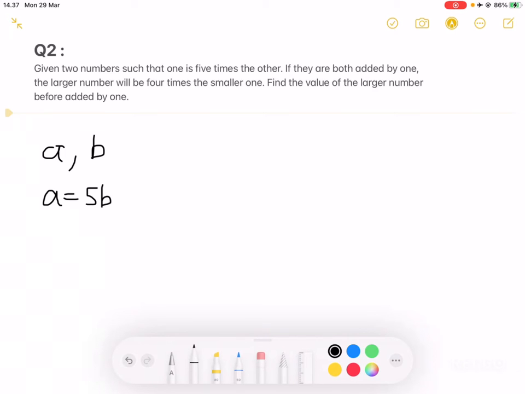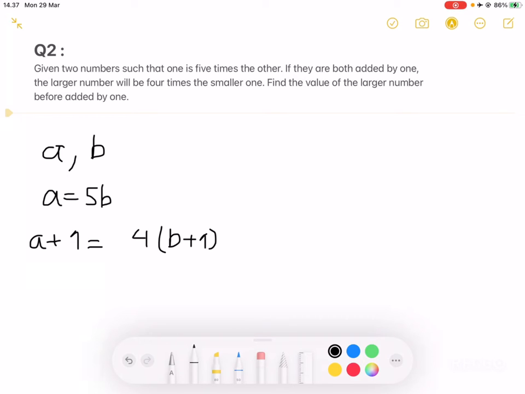So let's see. If we have A plus 1 and then we have B plus 1, the larger number will be 4 times the smaller one. So it will be 4 times this whole thing.